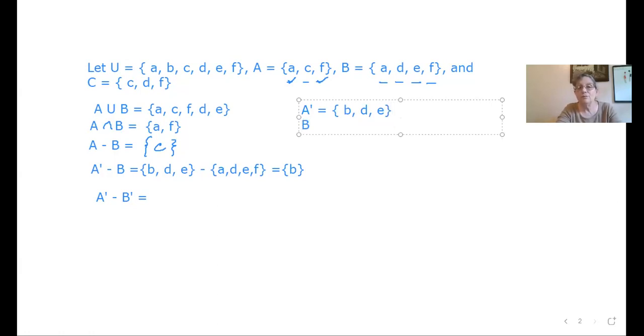Now we're going to need to know what B complement is. B complement is going to have anything that's in the universe here that is not in B. Well, B actually has 4 of the elements out of the 6, so this is only going to have 2, right? And that's going to be b and c.